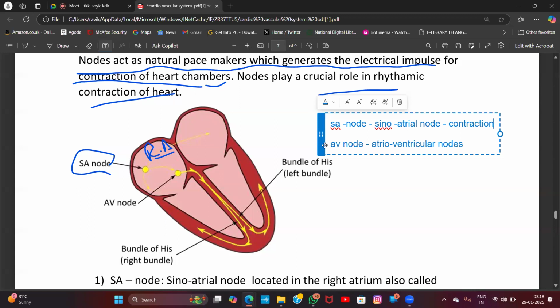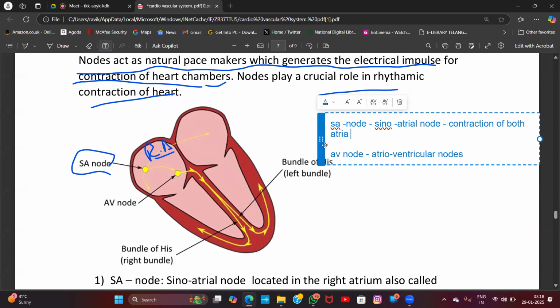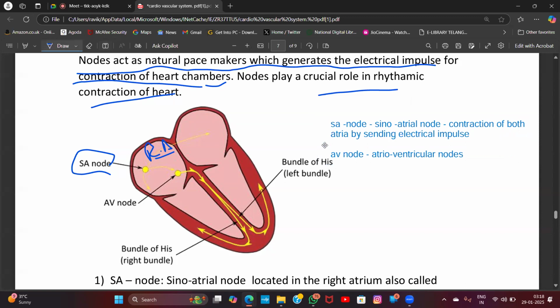The sinoatrial node helps in contraction of both atria by sending electrical impulses.